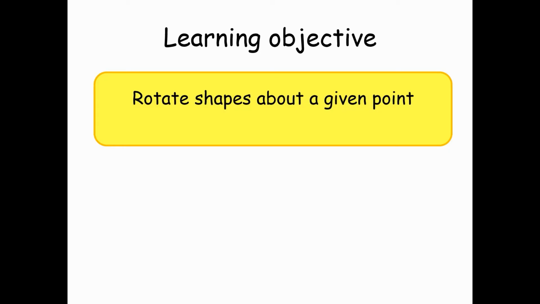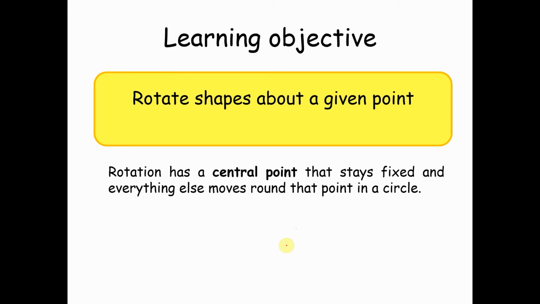Our learning objective for today's lesson is to rotate shapes about a given point. What do we mean by a given point? Rotation has a central point that stays fixed and everything else moves around that point in a circle.